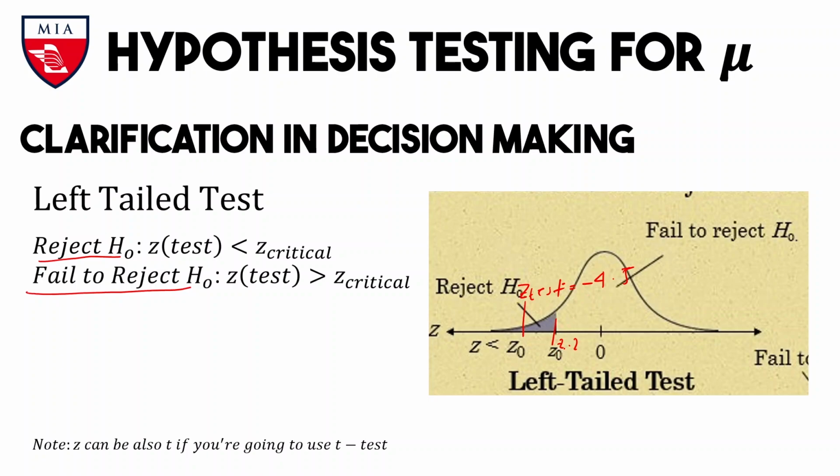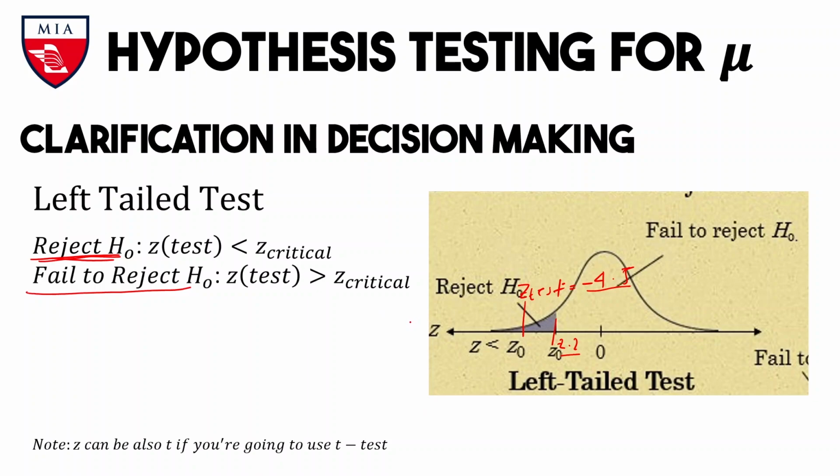Like I said earlier, if the value is closer to 0, it is the greater value in terms of negative. Therefore, we proved that if the z-test is less than negative 2.2, our z-critical, we can reject the null hypothesis. That's so simple.